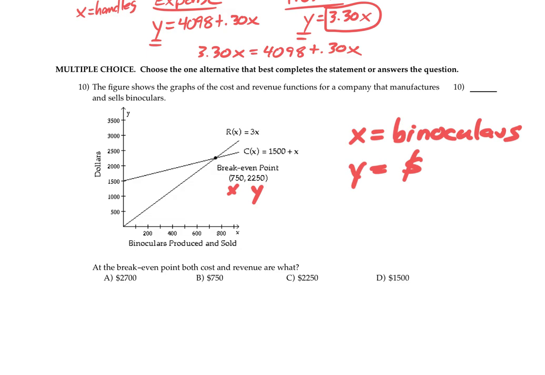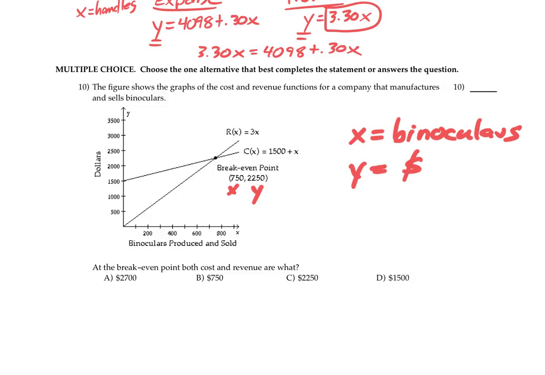Well, cost and revenue is money, right? And so it doesn't just come right out and say, what's the money? It just says the cost and revenue. Cost is a dollar amount, revenue is a dollar amount, so we're looking for the dollar amount. If they wanted binoculars, they would say, at the break-even point, how many binoculars do I need to make and sell to break even?